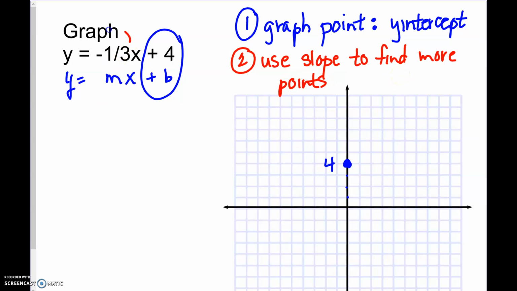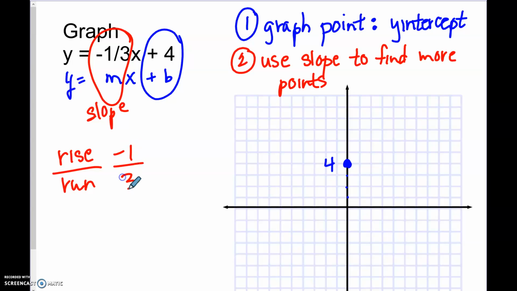So here, our slope is m, and we're going to write that as our ratio of rise over run. So I have -1 over 3. Instead of writing it horizontally like they did, it's just easier to write a top and a bottom. So there are two ways to do this.